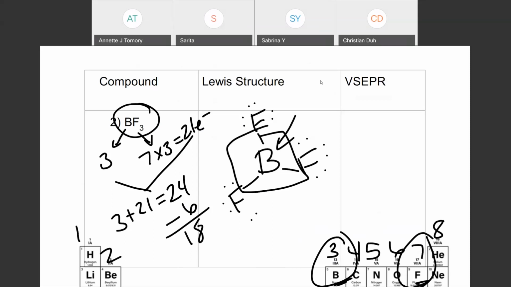If it has more than 6, this fluorine would have to donate the electrons, which would screw up the charges. So you don't have to do a double bond? No, there would not be a double bond here. I'm just trying to reiterate why we wouldn't have a bond there, because we try to eliminate the charges as much as possible. Okay, so I'm going to erase this so we don't confuse people.